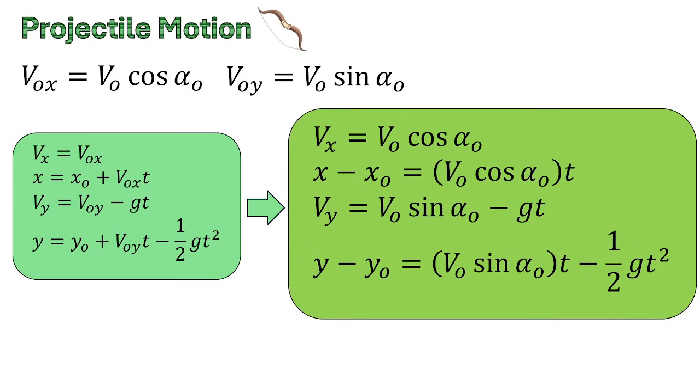Vx is equal to V naught cosine alpha naught. x minus x naught, or if we take x naught as zero, we can say it as x only. x is equal to V naught cosine alpha naught t. Vy is equal to V naught sine alpha naught minus gt, and y minus y naught is equal to V naught sine alpha naught t minus 1 half gt squared.